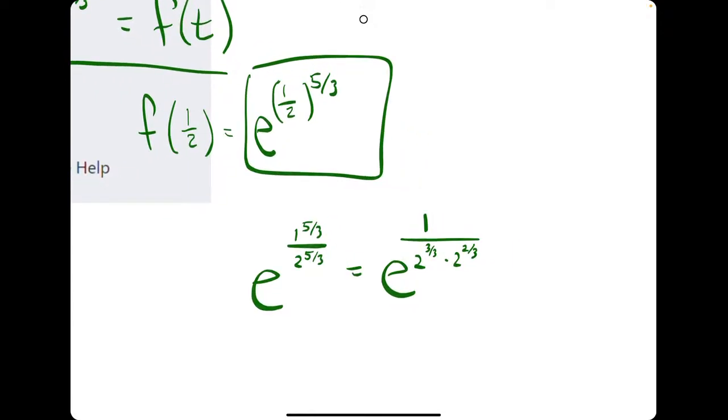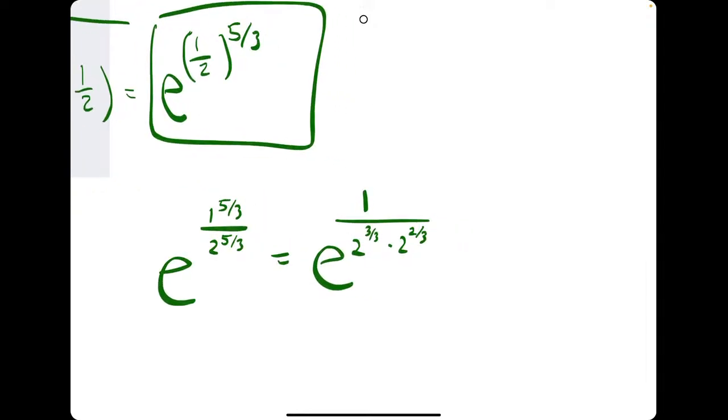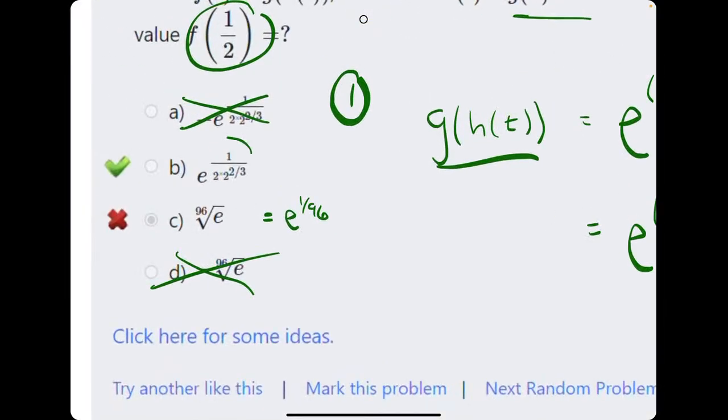Because when you break up 5/3, you break it up into two exponents that add to 5/3. 3/3 plus 2/3 is 5/3. So then 3/3 is just 1. So we basically have E to the 1/2 times 2 to the 2/3.